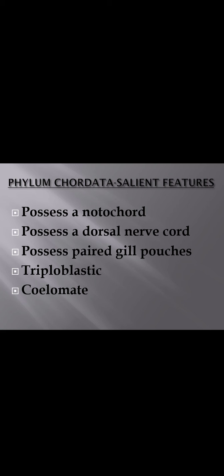So the dorsal nerve cord is present, and also it possesses paired gill pouches. It is also triploblastic. Triploblastic, you know, means mesoderm, ectoderm and endoderm are present, that is three germ layers are present, and it is coelomate, so the body cavity is present.